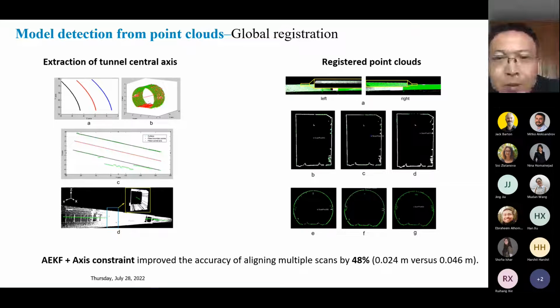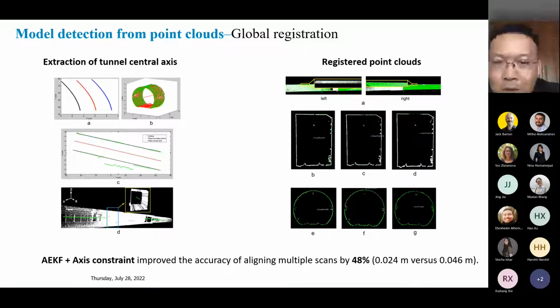And also, we have the global registration in the tunnel. I would say in a tunnel, especially a shield tunnel, we can have a virtual feature for the tunnel, which is the central axis.